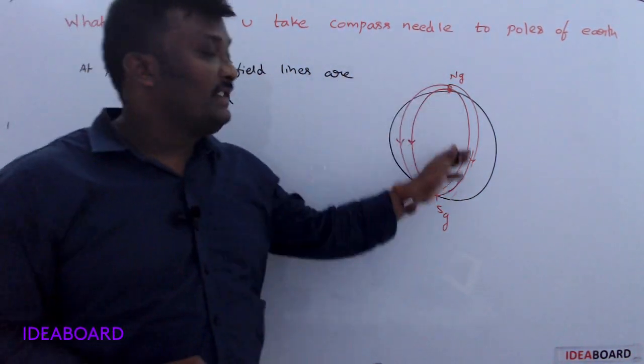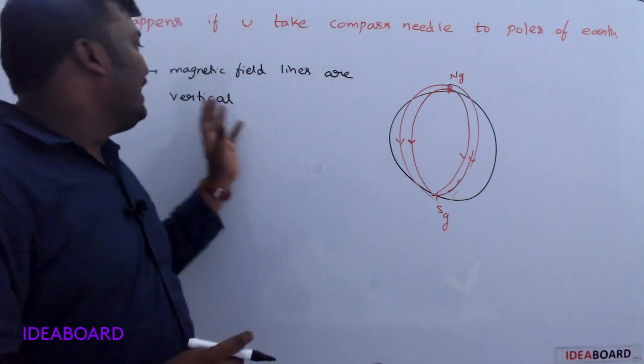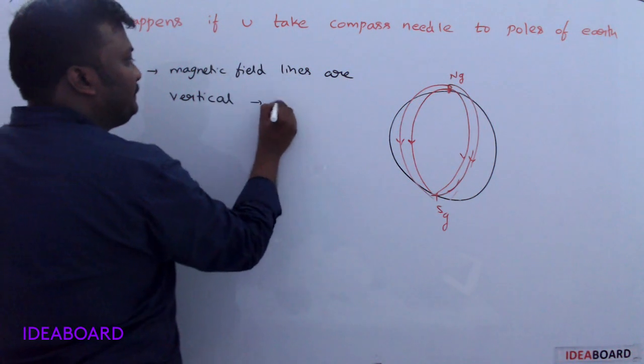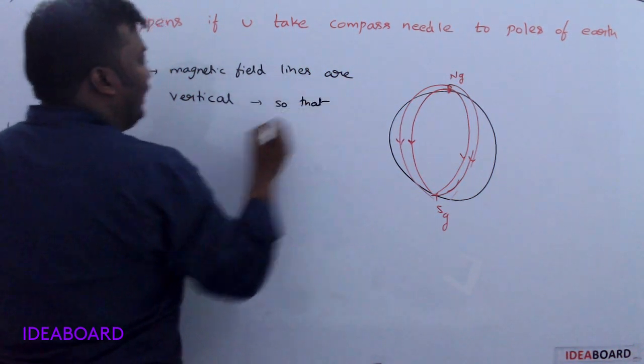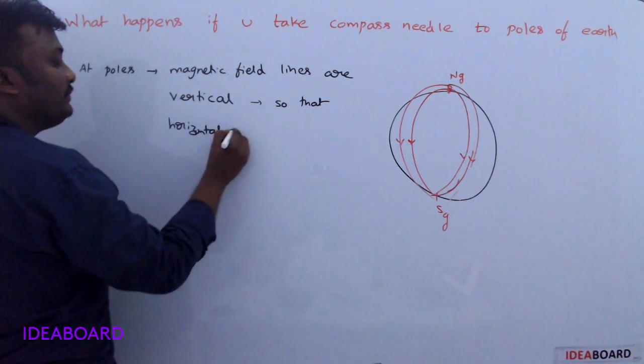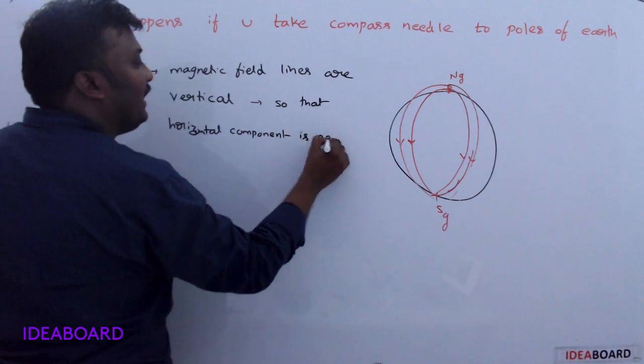These magnetic lines diverge or converge at poles, so the magnetic field lines are always in vertical direction. Whenever they are in vertical direction, their horizontal component is negligible.